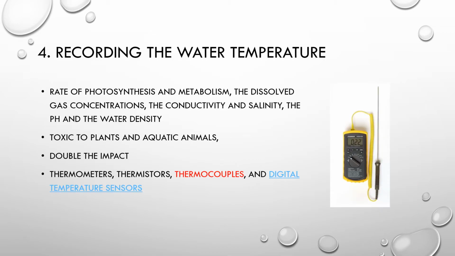Next, recording the water temperature. Temperature affects the rate of photosynthesis and metabolism, the dissolved gas concentration, the conductivity and salinity, the pH, and the water density. Ammonia at a high pH is toxic to plants and aquatic animals.